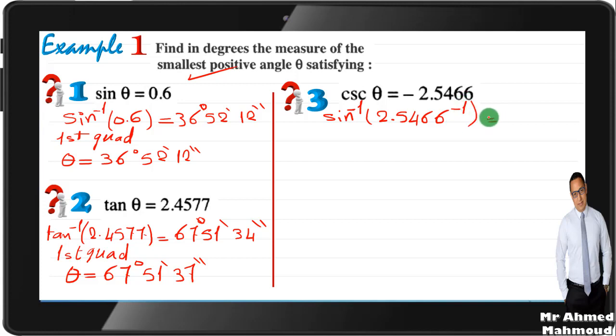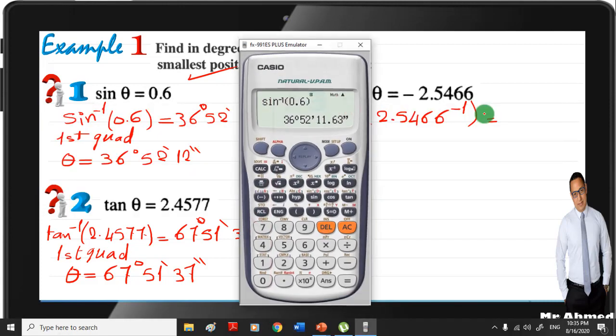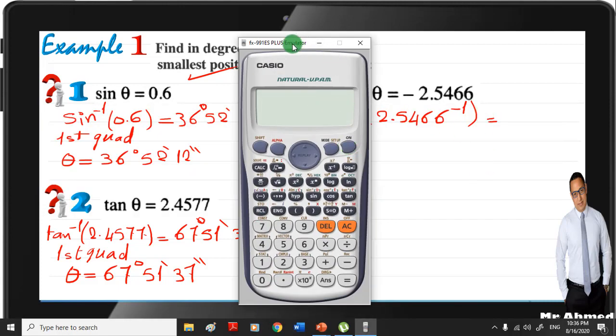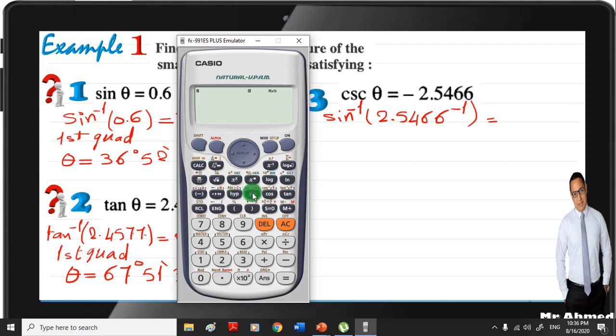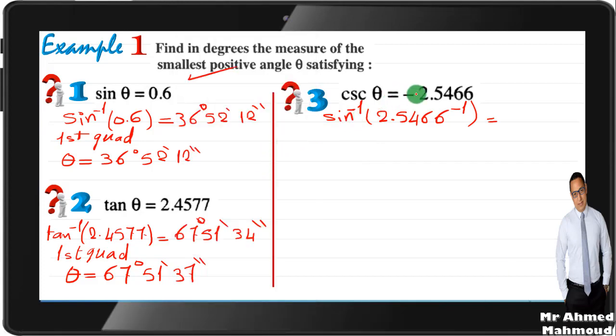So shift sine 2.5466. This is sine. I need cosec, so I will press x power negative 1, close the bracket and press equal.